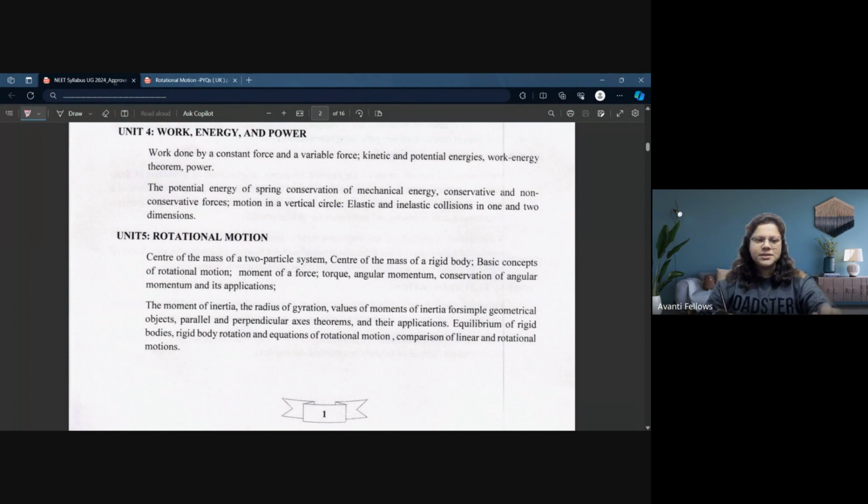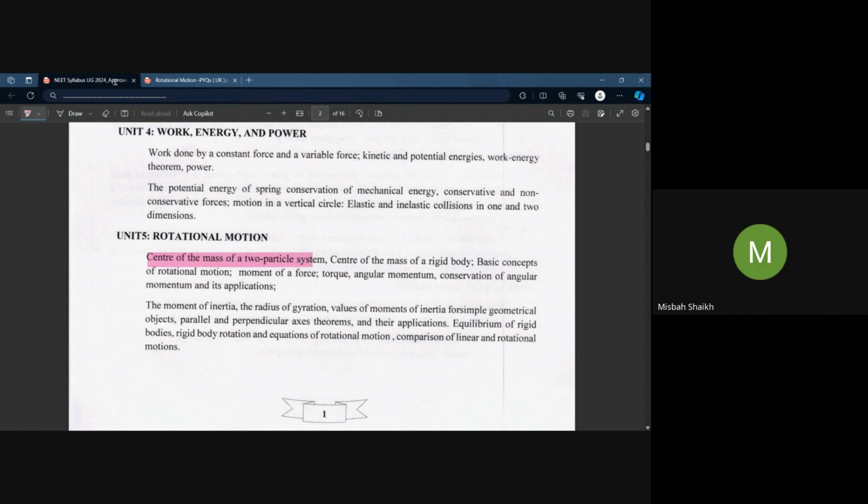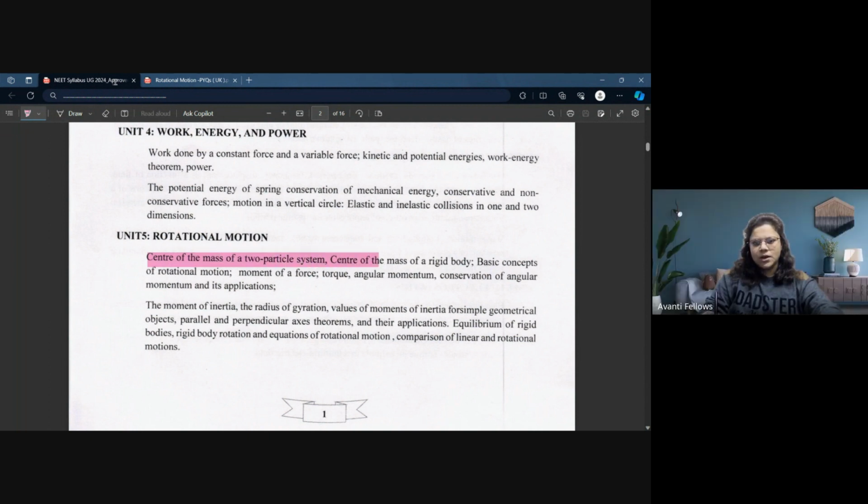Please try to open your mic and have a conversation here, at least at this part. So, have we done center of mass? Yes, ma'am. Cool. Basic concepts of rotational motion, where I gave you the idea of analogy between linear and rotational variables. What is torque, moment of inertia, those things?